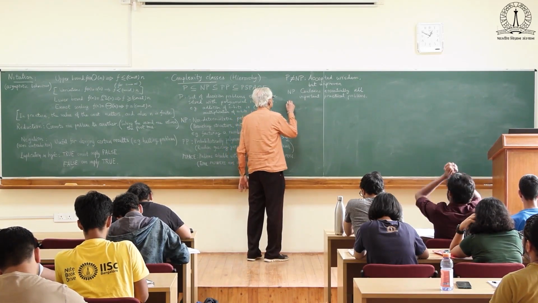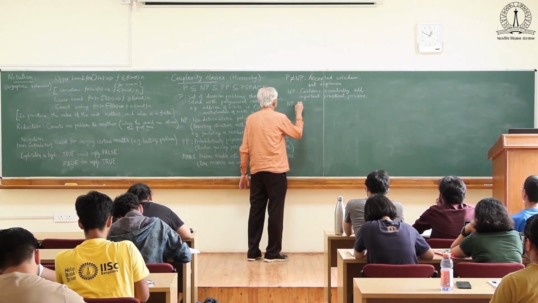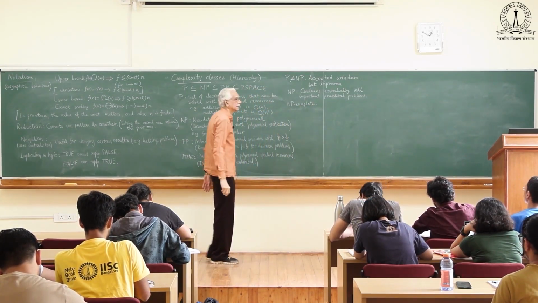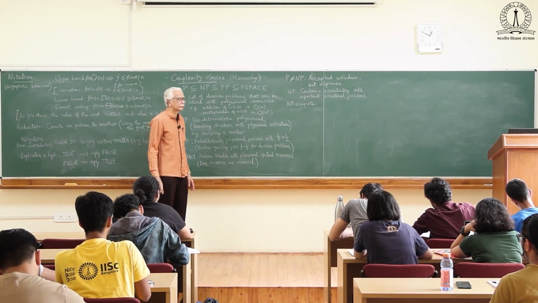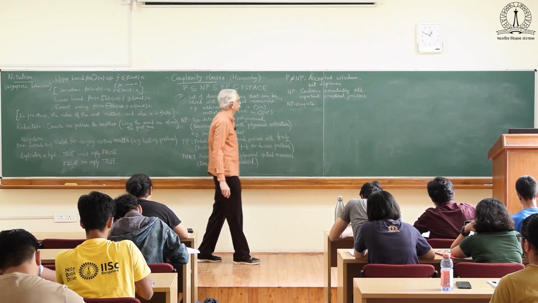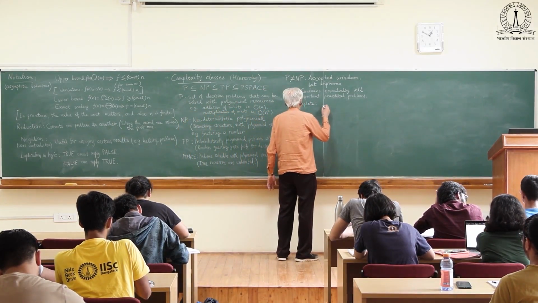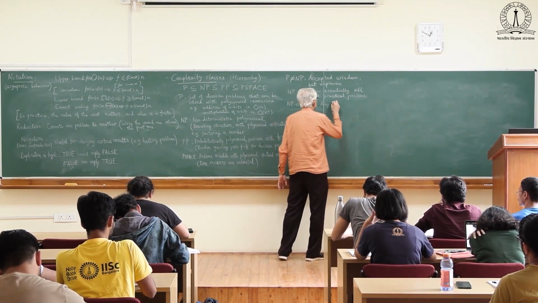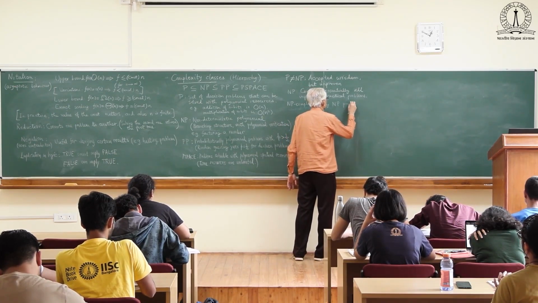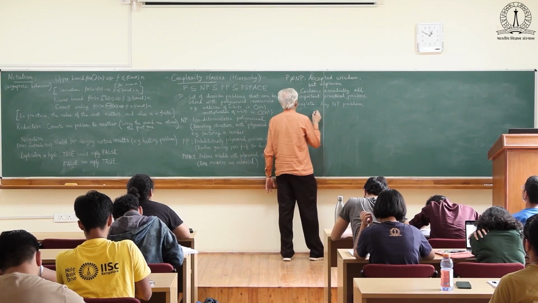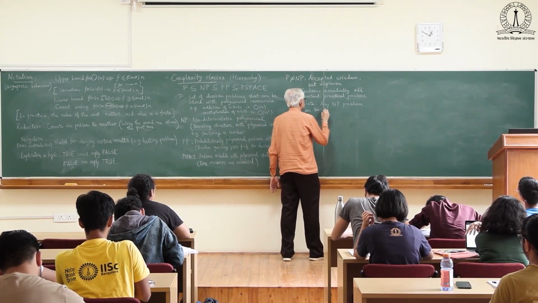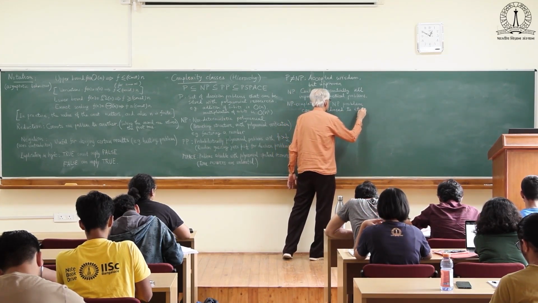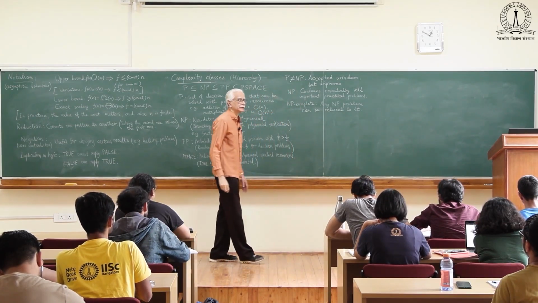And there is an extra label which is called NP complete. And the characterization for that is that any NP problem can be reduced to it.